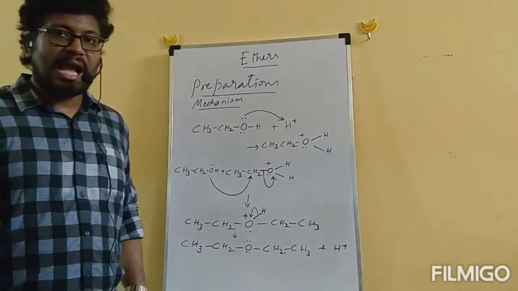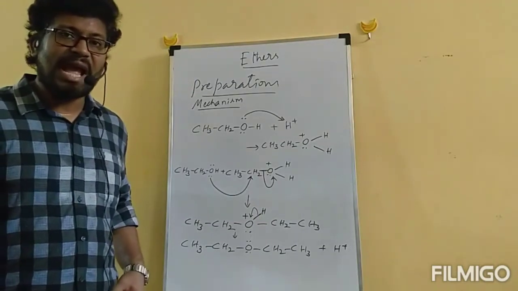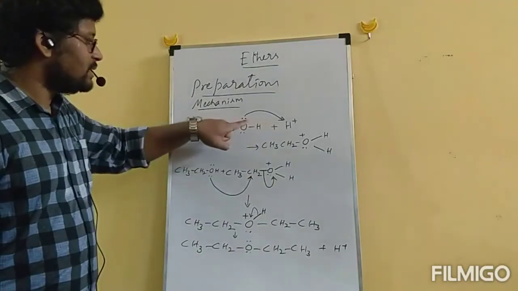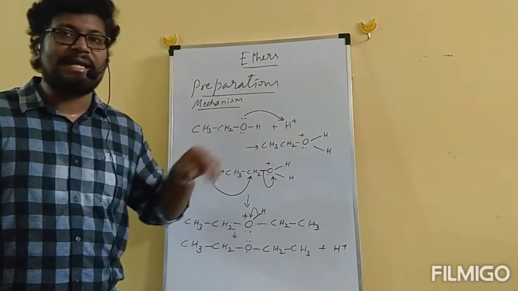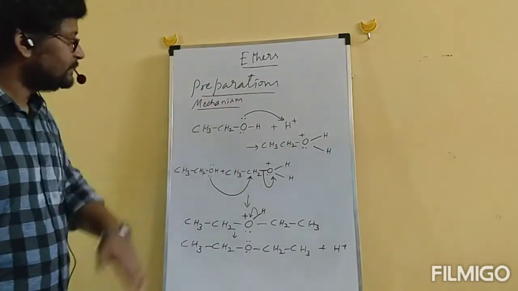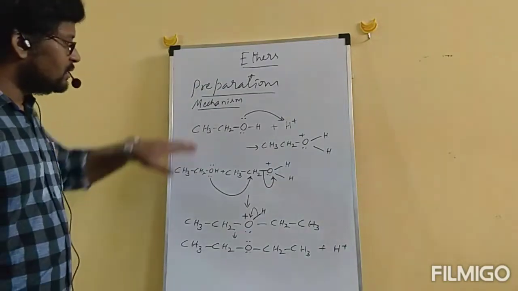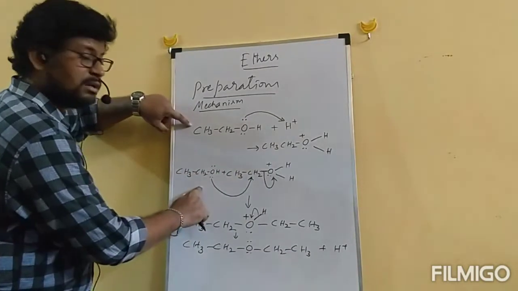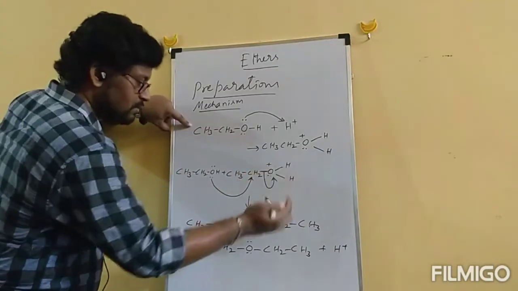This is called acid catalyzed dehydration. Even this is also called acid catalyzed dehydration, because acid is involved in the reaction. Finally it is again coming out. Okay, it is acting like a catalyst. This is about mechanism of formation of ether. This total mechanism is involved with 2 moles of alcohol. In between these 2 alcohols, we have removed water molecule.